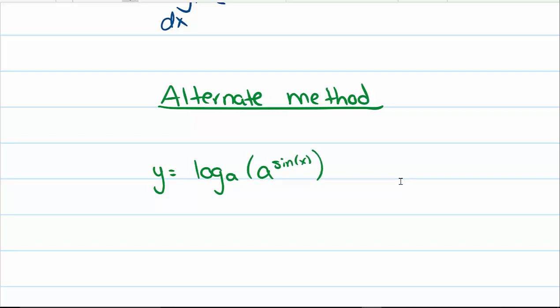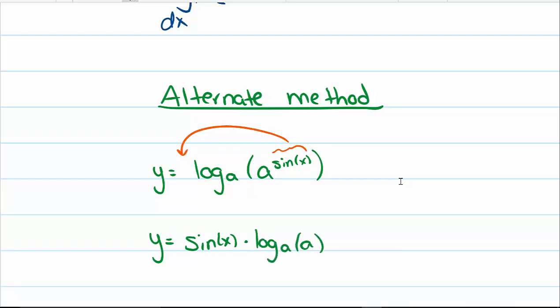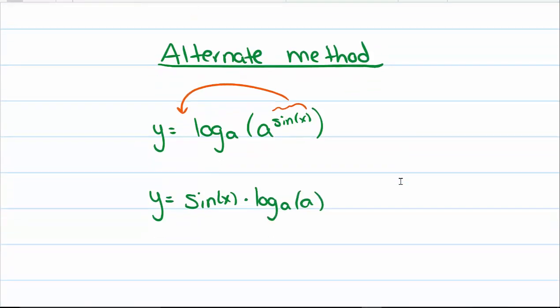Now, if you remember from log properties, you can take this piece and move it to the front. So you get y is equal to sine of x times log base a of a. Now this is very exciting because log base a of a is just 1. So then we get y is equal to sine of x.